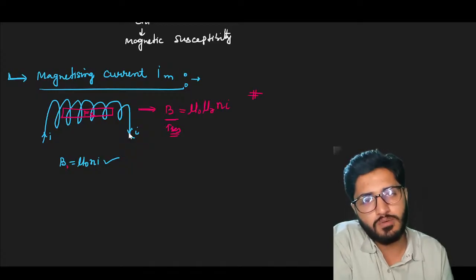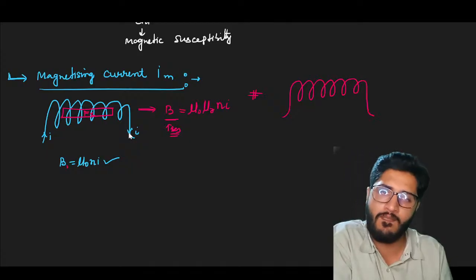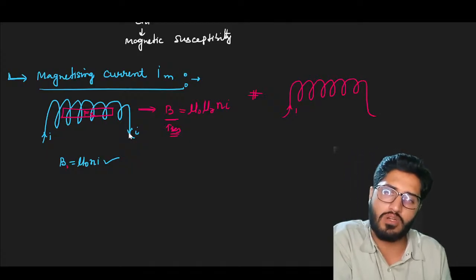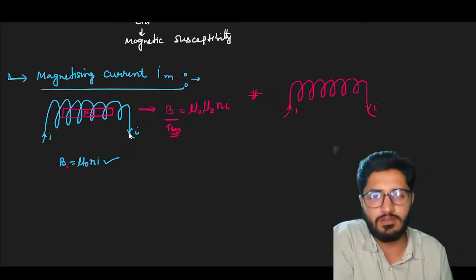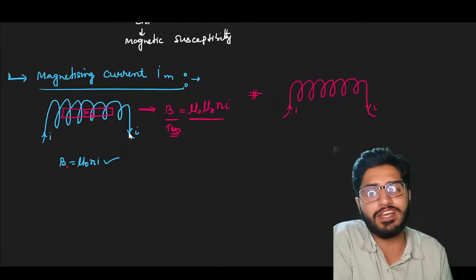Now I want to increase the magnetic field just like this, but without inserting any ferromaterial.